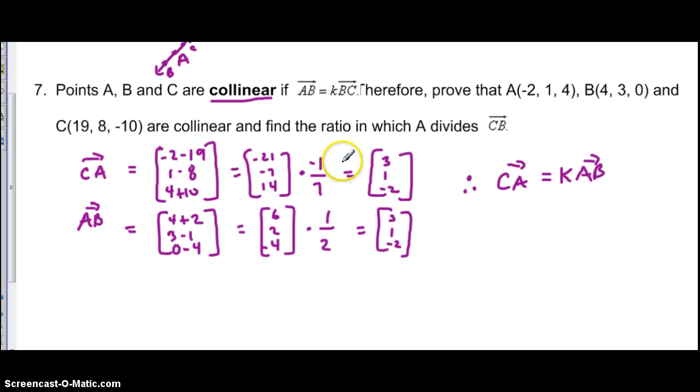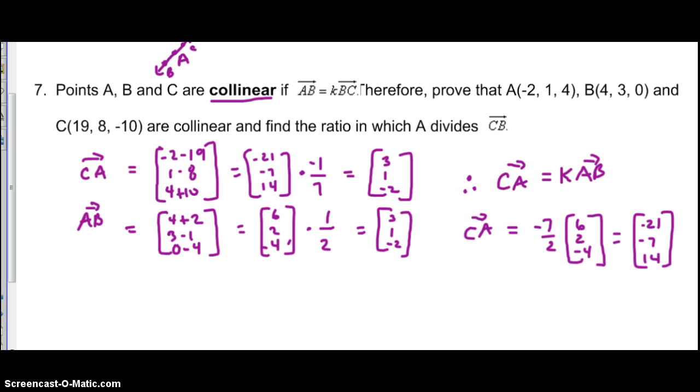So I'm going to multiply -7 over 2 times my AB for it to equal CA. So go ahead and pause the video and try that and make sure that works. Okay, so you should have gotten that my scalar of -7/2 multiplied by AB does equal CA.